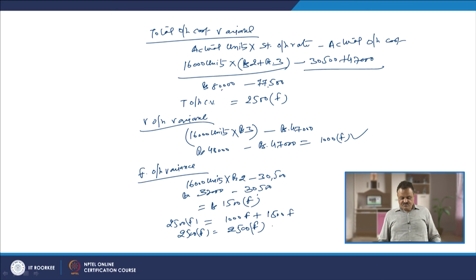So, we found the favorable variance of 2,500 rupees, and when we dissected it into the fixed overhead variance and the variable overhead variance, we found that this positive variance is up to 1,000 because of the variable overhead cost and up to 1,500 because of the fixed overhead cost. Both being under control, your total overhead cost variance has become favorable, it has come positive. If you compare this information here, why has this happened so?